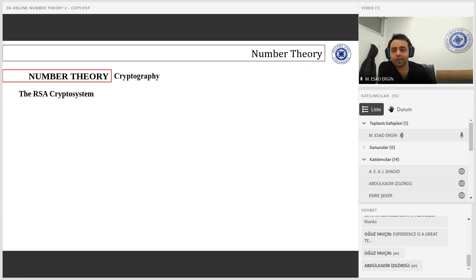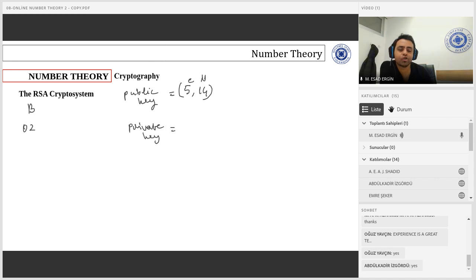Let us do B equals 2, and our public key equals 5 and 14, which is E and N. And we also have a private key that will be shared with our close friends, which is 11 and 14.